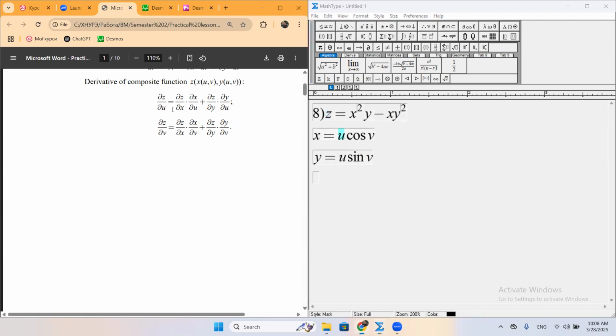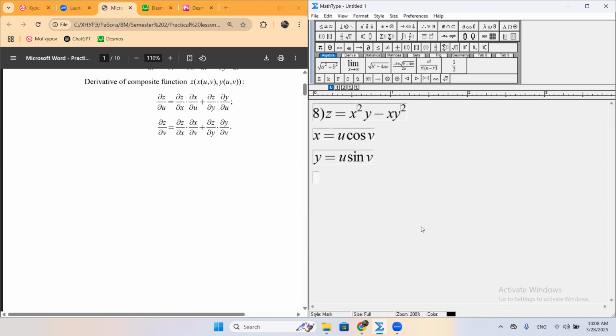If I want to find dz by du, I need to firstly differentiate z by x, the outer function, and then multiply by the derivative of x by u, and plus the same with y, differentiated by u. Okay, so finding all these derivatives and putting everything together.